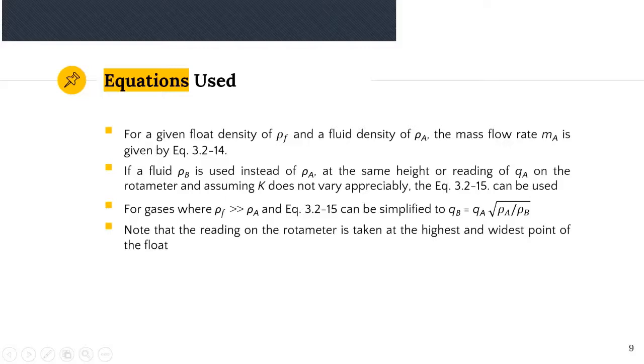Please open your Giancoli's book and see equation 3.214. That's how you calculate the mass flow rate of the fluid, by using a given density of the fluid and a given density of the flow.